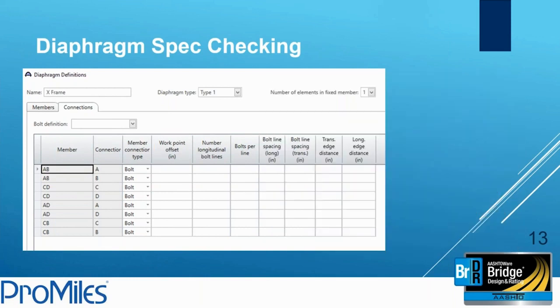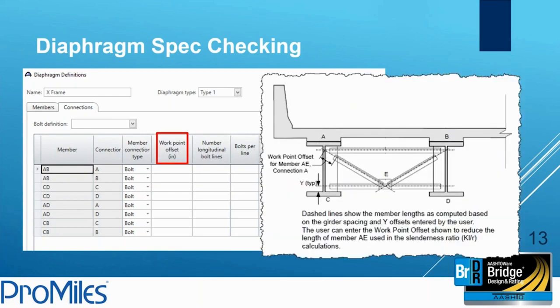This window shows the connection information of a diaphragm for each member, and these connections are not modeled in the finite element model, but these connections are entered for spec checking by using the member forces. For example, we have the work point offset for a bolted connection member, which impacts the calculation of the slenderness ratio.